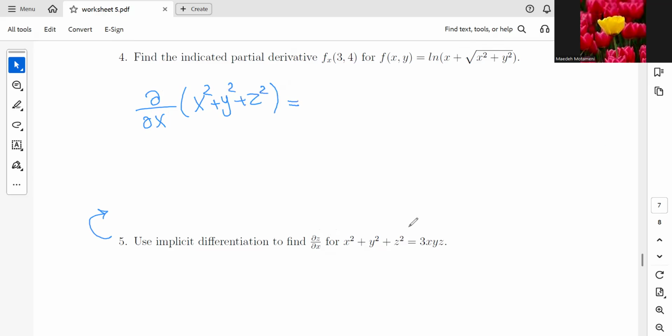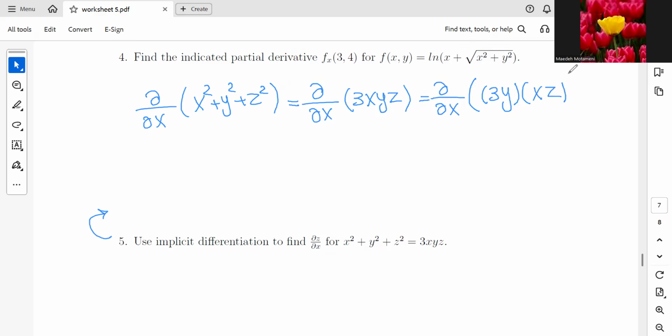And for the right side, it will be the derivative with respect to x of whatever we have here. But since we are only considering x as the variable, it will be easier if we write it as 3y times xz, or whatever you would like to write that.